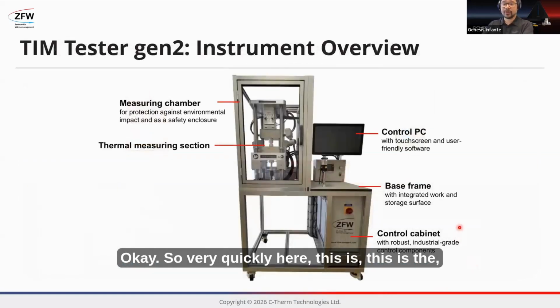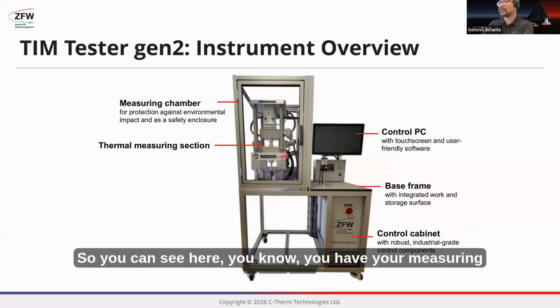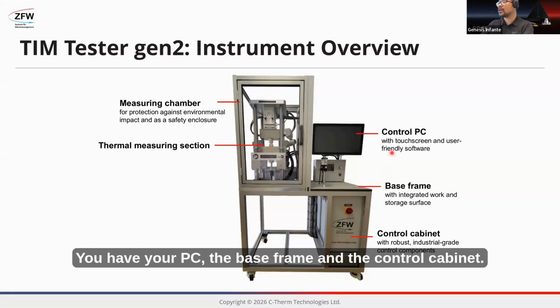Okay, so very quickly here, this is the TIM tester itself. You can see here you have your measuring chamber. The TIM tester itself is inside this chamber. You have your PC, the base frame, and the control cabinet.